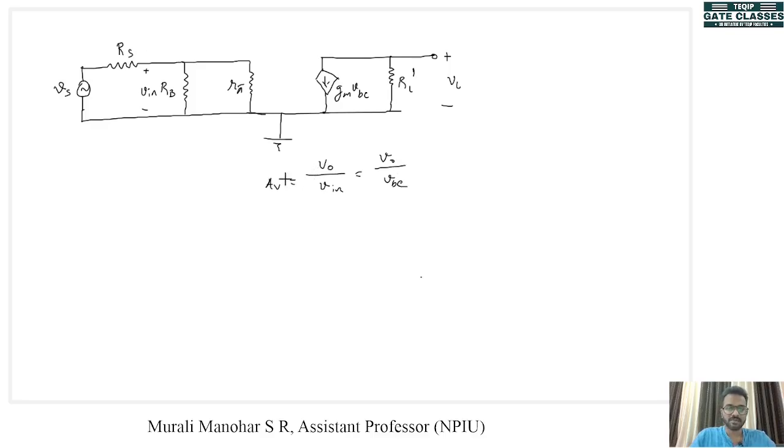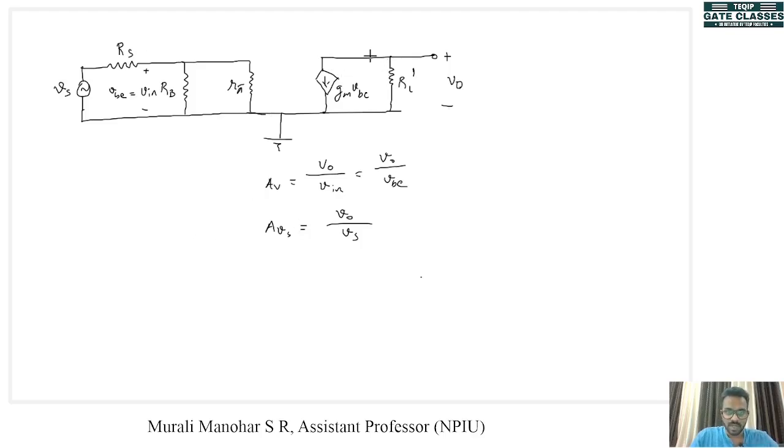So the voltage gain of this amplifier on part only is AV equal to V out divided by VBE, and the voltage gain of the entire system, which is AVS, is equal to V out divided by Vs, because we are giving Vs as the input, but some part of that input is dropped in the Rs resistance. So if we consider the amplifier, V in is its input, which is equal to VBE. But if you consider the entire system, Vs is the input and V out is the output.